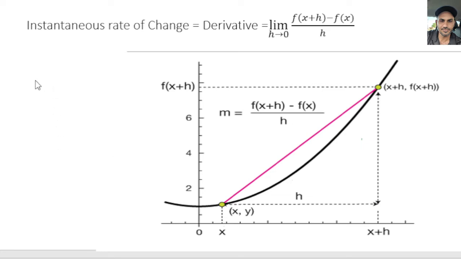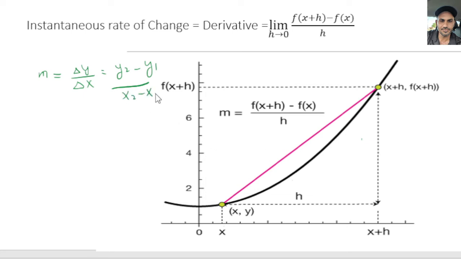We know the slope definition: m equals delta y over delta x, which is rise over run, which is y2 minus y1 over x2 minus x1.